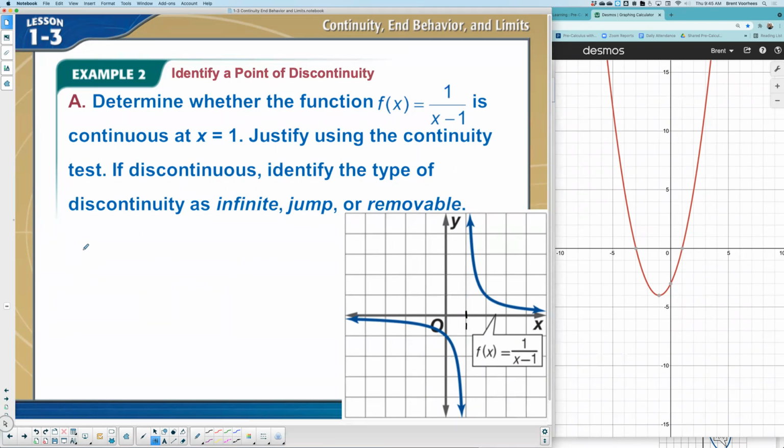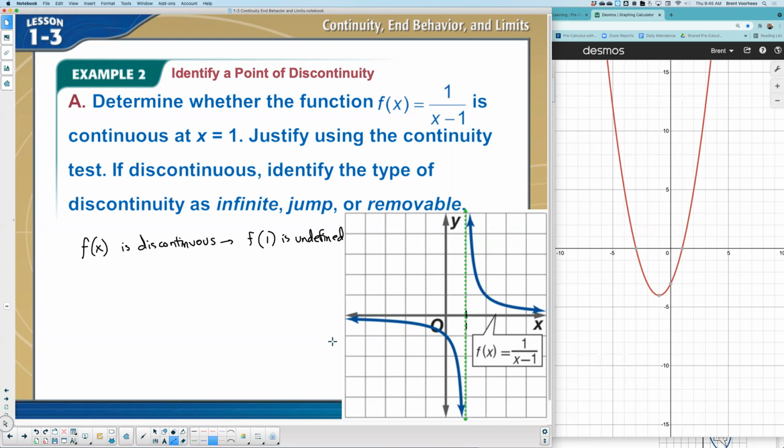F of x is discontinuous. The reason it's discontinuous is because f of 1 is undefined. How do we know it's undefined? It was broken apart there. What type of break is it if the graph at the break takes off for the infinities?